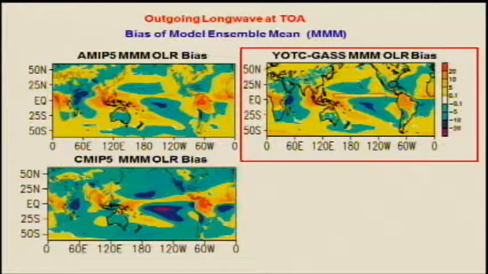All right, so next step, we would like to see what is the vertical heating bias from this YOTC multi-model. From now on, I'm going to show the multi-model mean result against the CloudSat and CALIPSO radiative derived data.